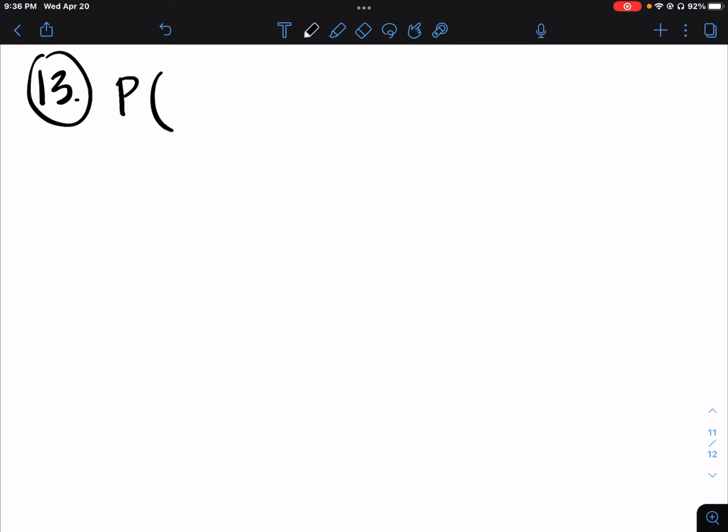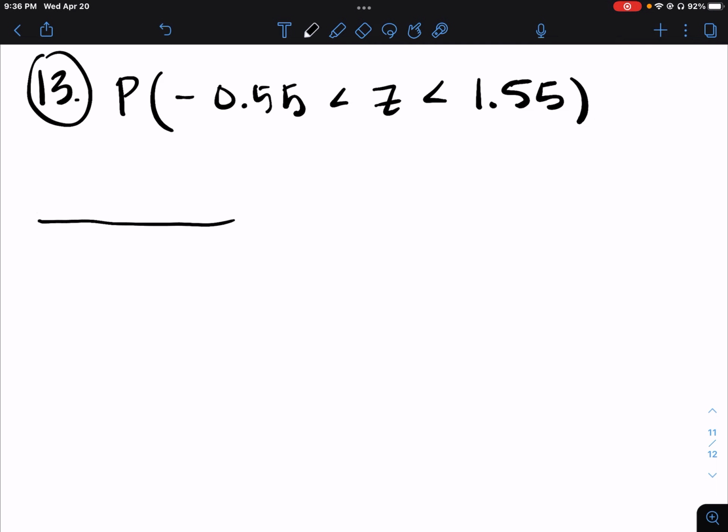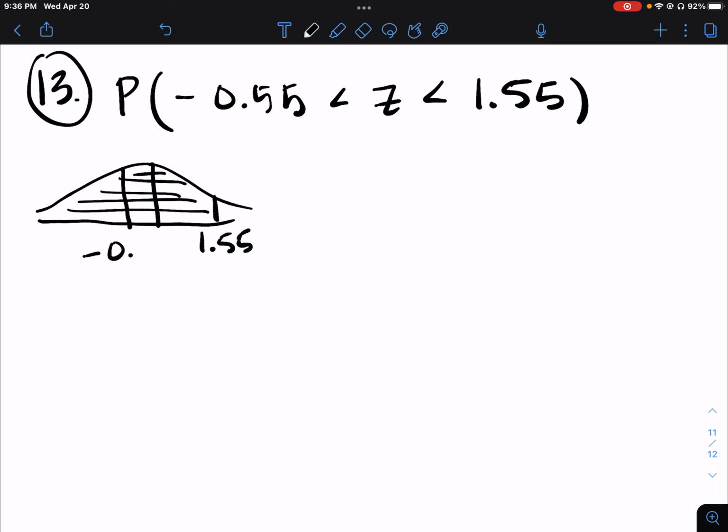Okay, a probability between. Remember, when you look up the bigger number, it gives you everything below, but we need to subtract off what's below negative 0.55.